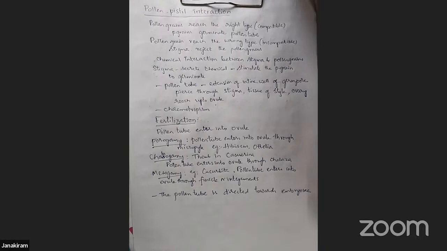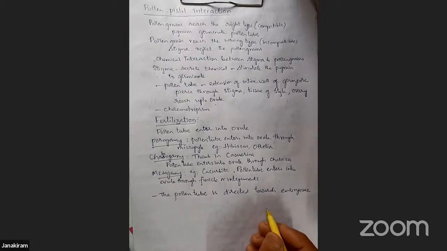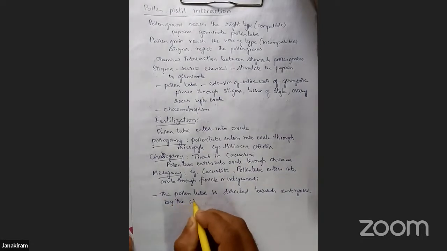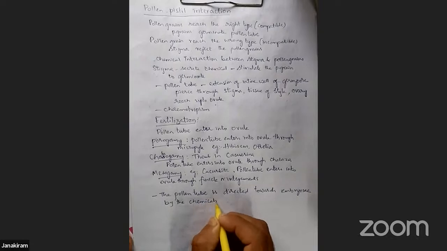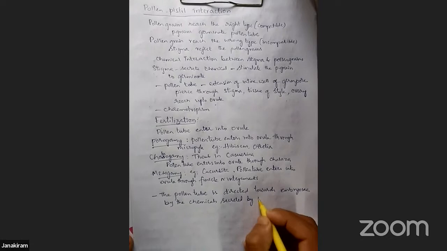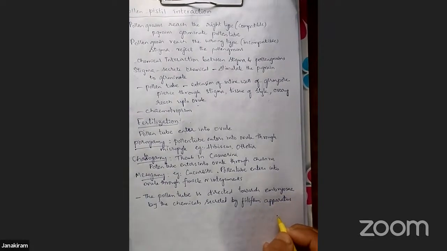That is encouraged or promoted by a structure called the filiform apparatus, which is present in the synergids. The pollen tube is directed towards the embryo sac by the chemicals secreted by the filiform apparatus. The filiform apparatus is present in the synergid cells.